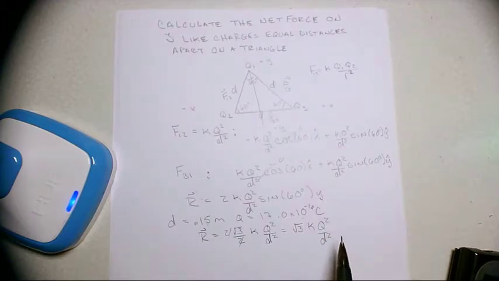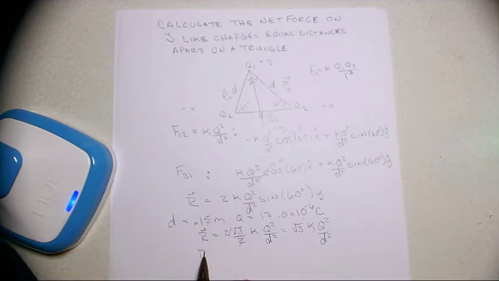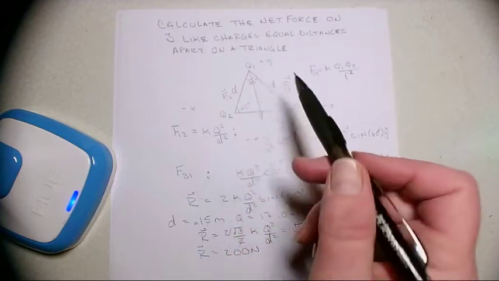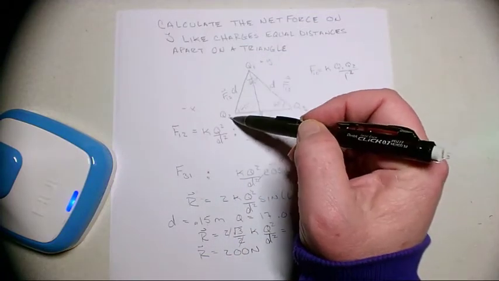So now we can put values in for that. I'll go ahead and put in this 17 microcoulombs, the 0.15 meters, and k as 9.0 times 10 to the 9th. Just making life easy. Let's see what we get. And I get that the resultant force is 200 newtons. And that kind of makes sense. They're all the same magnitude. So I'm going to have a repulsive force if I'm looking at this Q1 from Q2.